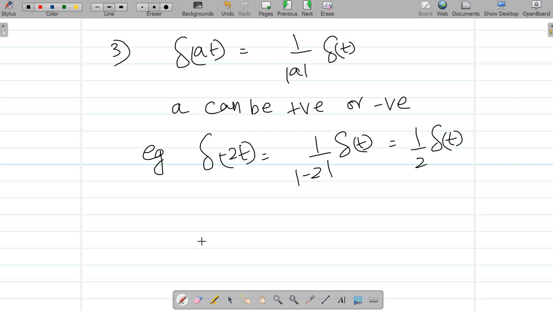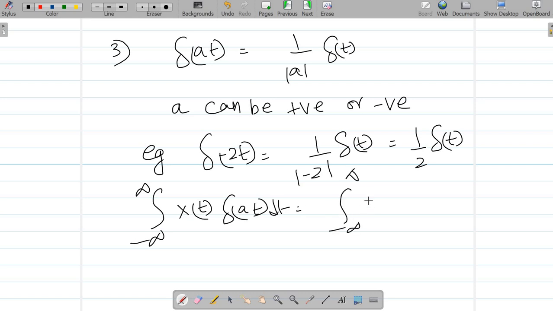Now let us try to evaluate the integral from negative infinity to positive infinity of x of t delta of a t dt. Now this I can very well write as the integral from minus infinity to plus infinity of x of t, 1 divided by the magnitude of a, delta of t dt.